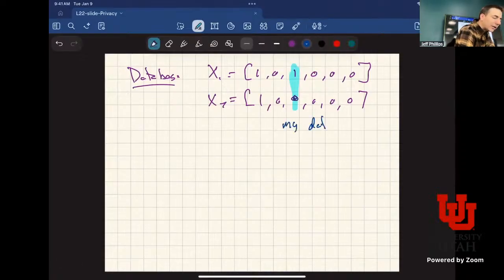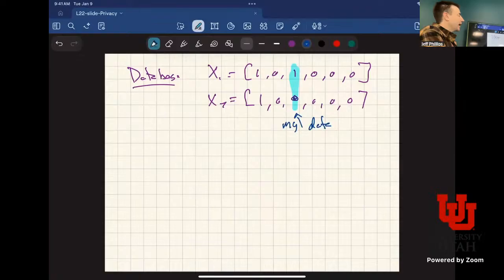My data is here, and this is a database of a whole bunch of people, and this is if they have cancer or they don't have cancer. Then I can ask a query on the database: how many people have cancer in this set? I'm going to release this with Laplacian noise, and I won't know whether my data, did I have cancer or not, was returned in this query or not, right?